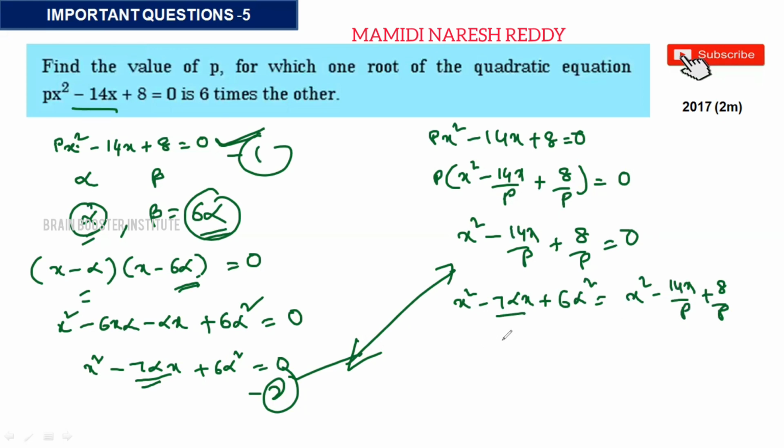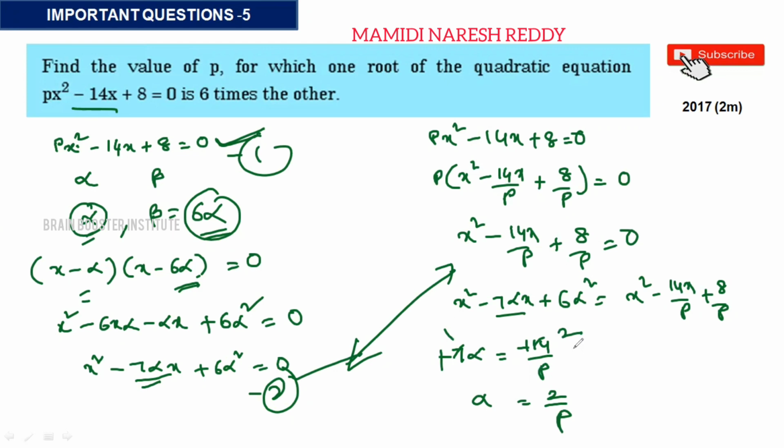As both are equal, we can equate their coefficients. Then what you get, my friends, minus 7 alpha is equal to minus 14 by p. Got it? And minus gets cancelled. 7 ones are 7, 7 twos are 14, whereas alpha is equal to 2 by p. Got it?